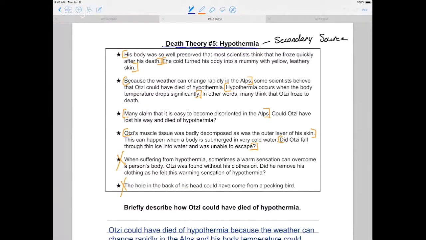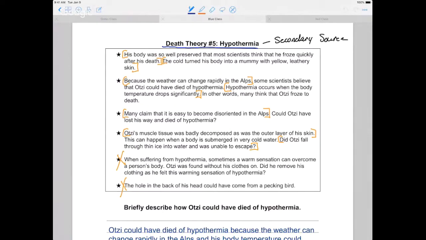We started off with death theory number 5, hypothermia, and we determined that it was a secondary source because we know it wasn't created during Utsi's time. It's telling us information about Utsi and Utsi's time. So we went through and we annotated. We knew that the topic was hypothermia, and then we bracketed all the information that had to deal with Utsi dying from hypothermia or causes of hypothermia that Utsi showed.